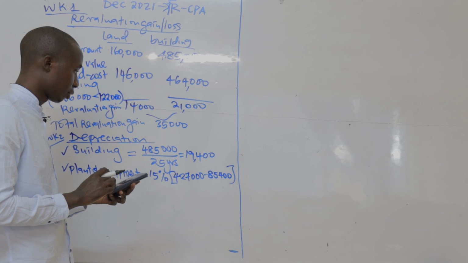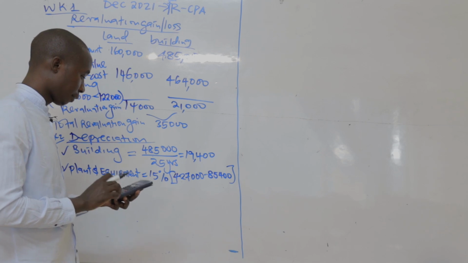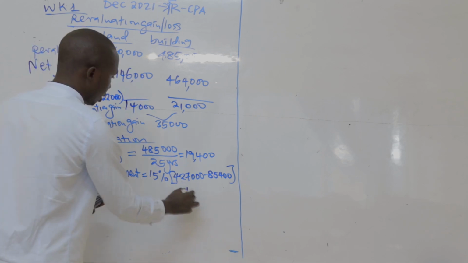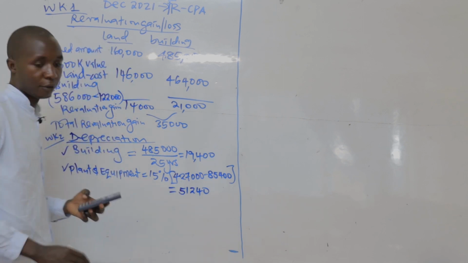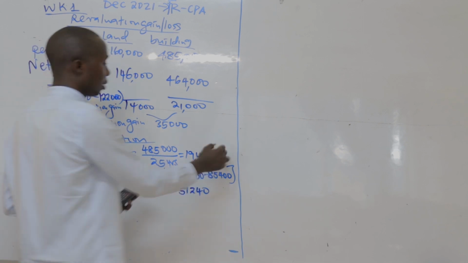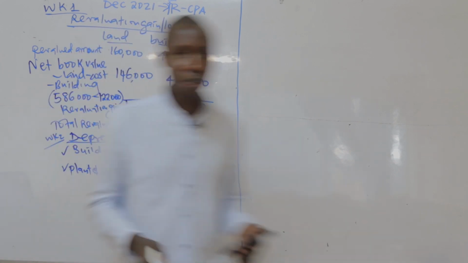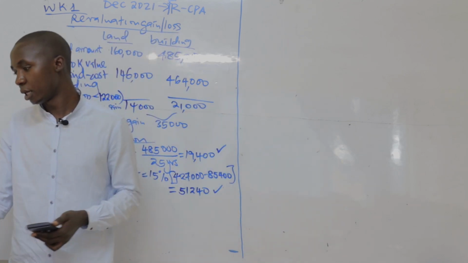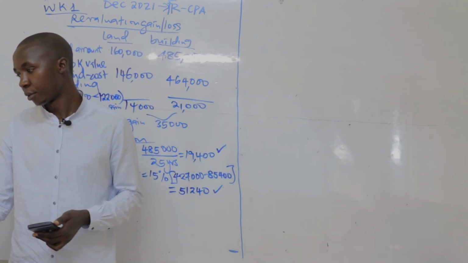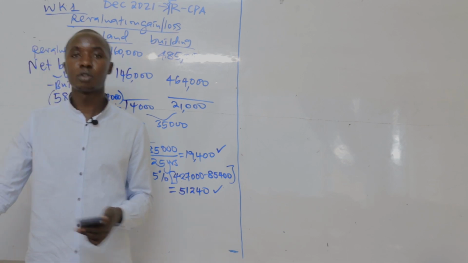So we have 427,000 minus 85,400 times 0.15. So that is 51,240. So these two will be taken to the cost of sales as guided by the additional information number 2, where depreciation is to be charged to the cost of sales.